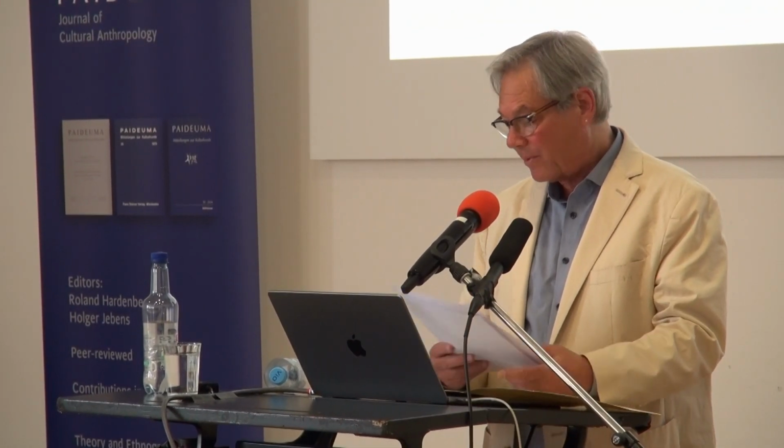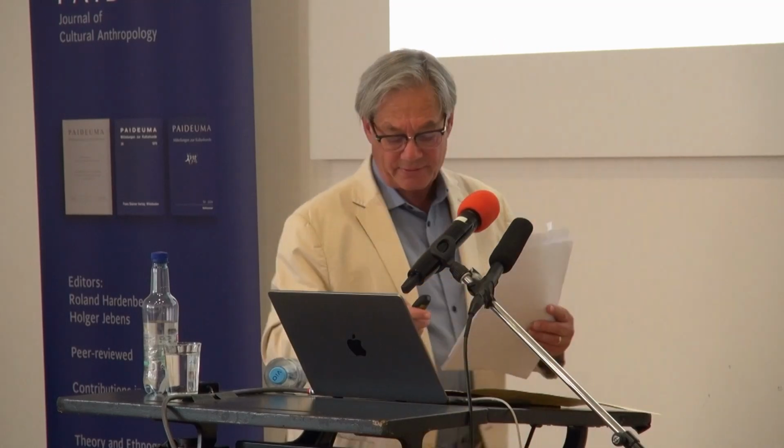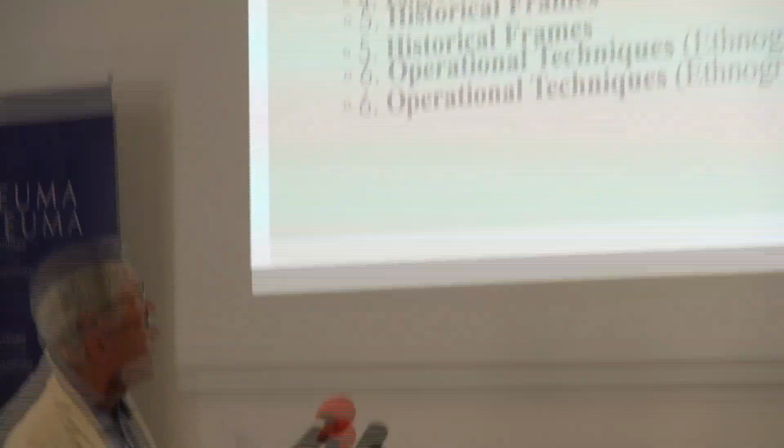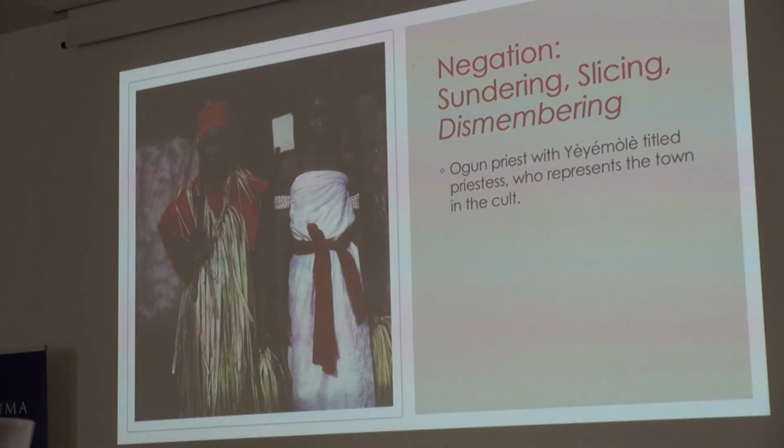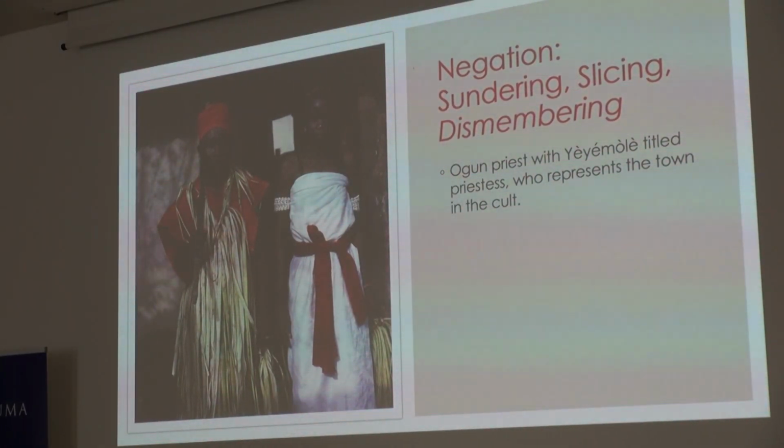But I want to just show a few more slides to illustrate what I mean by negation. So the Ogun priest here is with his wife, actual wife, whose title in the cult is Yeyemole, which is really mother or grandmother of the Imole, of the priestesses.